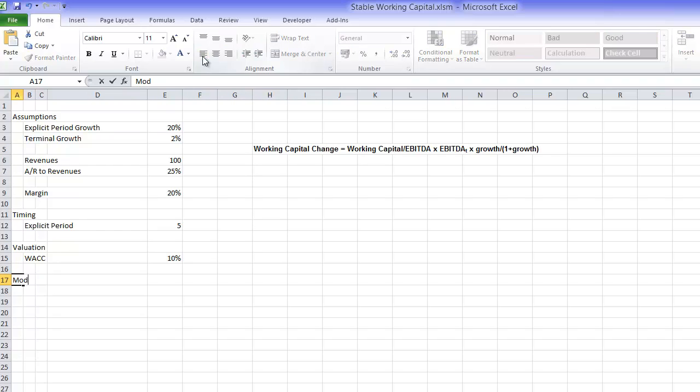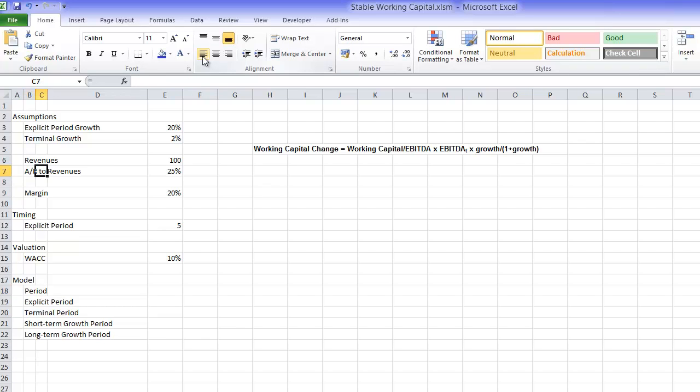So let's make our model, and let's start with our timing. How about a period first? Then we'll put explicit. And then we'll put our terminal period and our short-term growth, which is really in this case the same as our explicit, and long-term growth period.